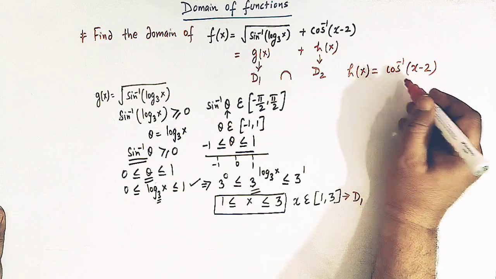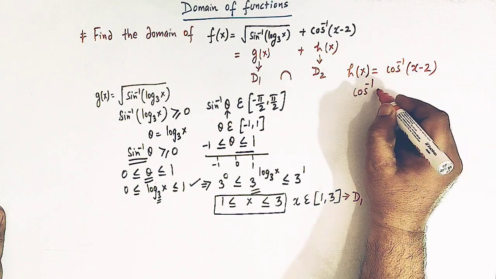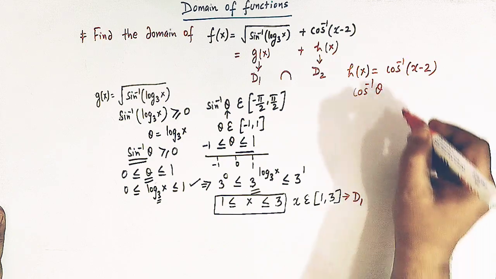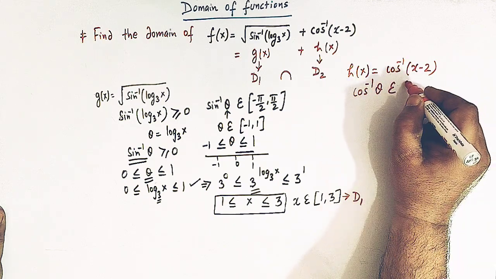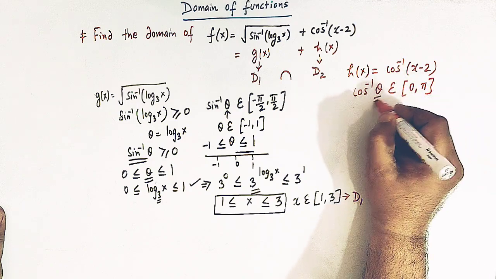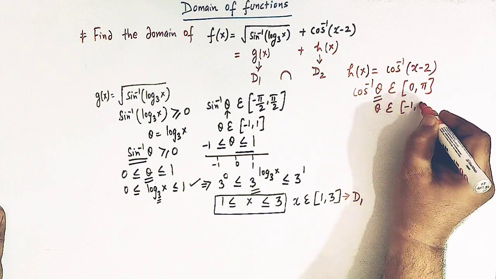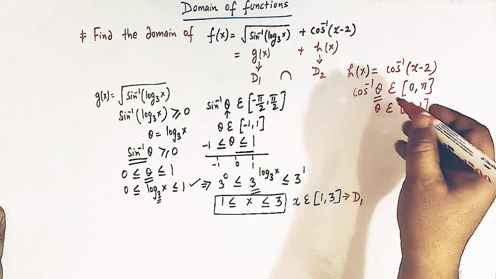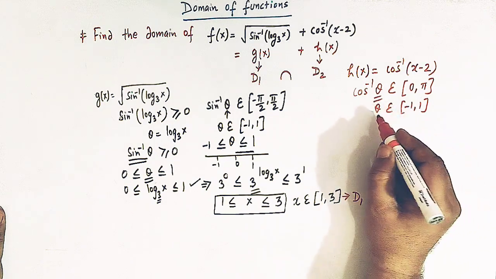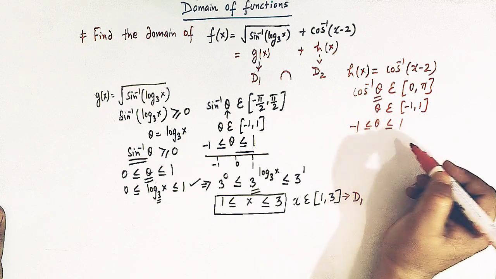So from inverse trigonometric functions, we know that the principal branch of cos inverse theta belongs to the interval 0 to pi, provided this theta belongs to the interval minus 1 to 1, right? So these are all important concepts. So theta must lie between minus 1 and 1.